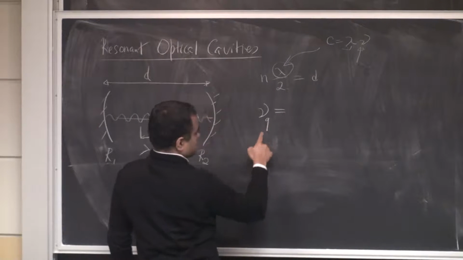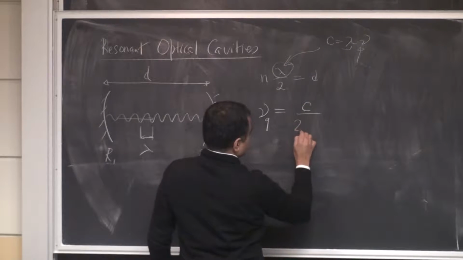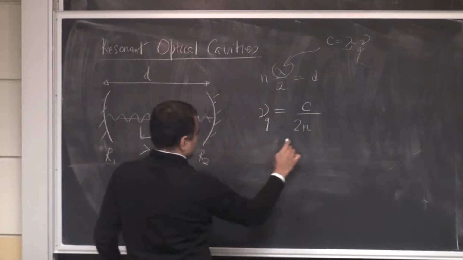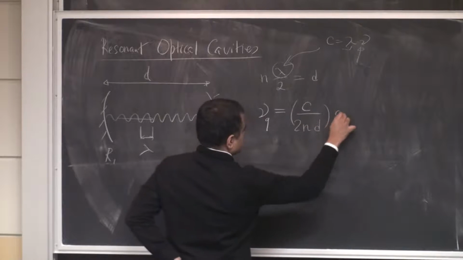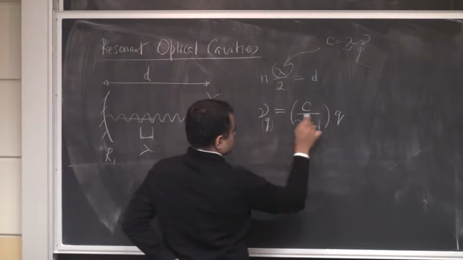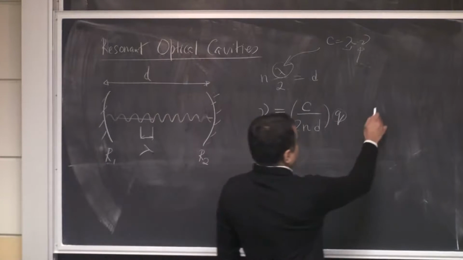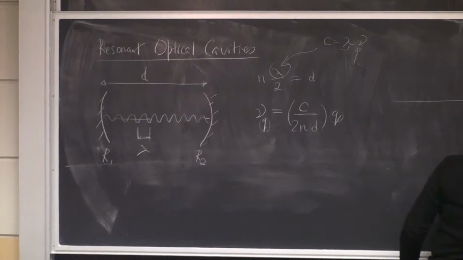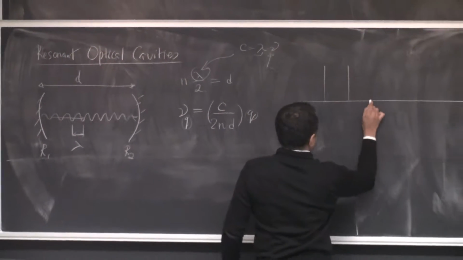We can write an integer q, and essentially you get 2 times the refractive index of this medium, the small n, times d, equal to q wavelengths. And so q is an integer. So those are the only frequencies that are allowed. And if I now plot it as a function of frequency, I get only these discrete modes which are allowed.